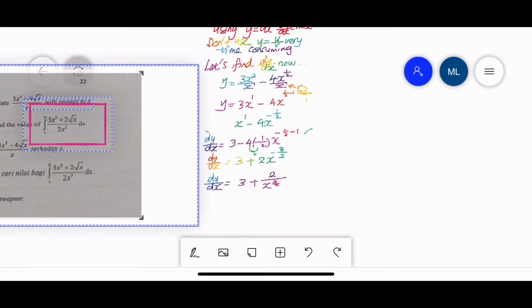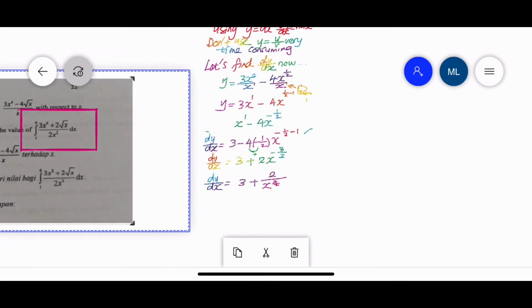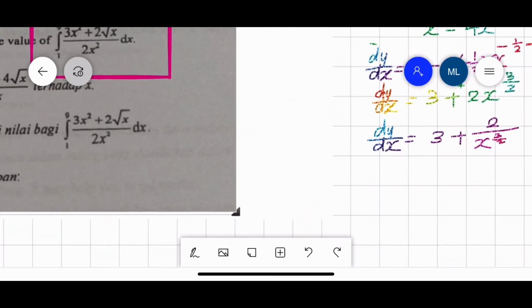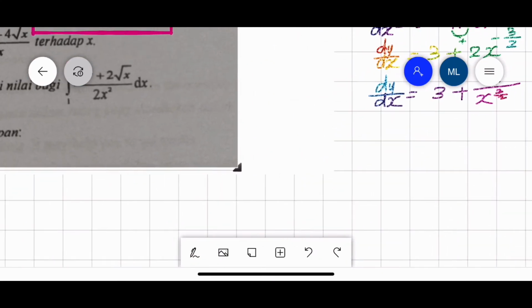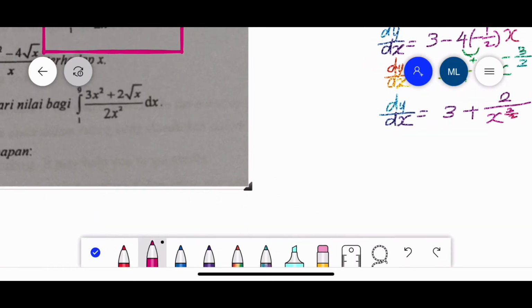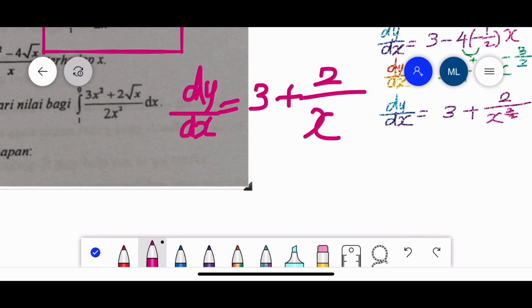So let me do a comparison between the dy/dx in the question and my dy/dx. Okay, I look at the dy/dx given, I do a comparison. So I notice that the denominator is not the same as mine.